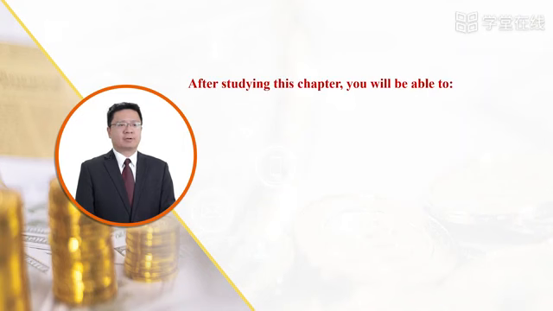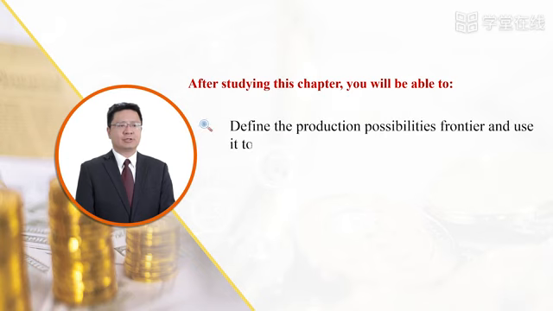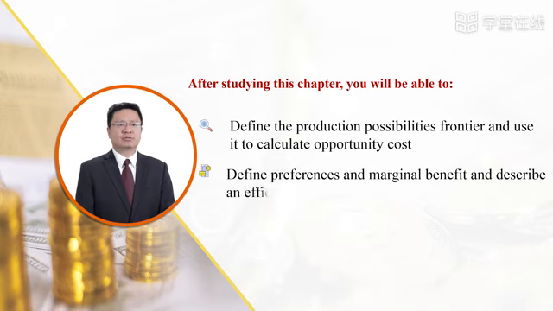In this chapter, we have 4 sessions. The first session is to define the production possibilities frontier and use it to calculate opportunity cost. The second session is to define preference and marginal benefit and describe an efficient allocation of resources.